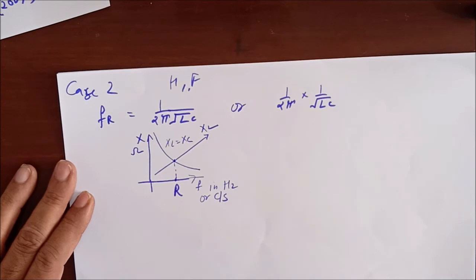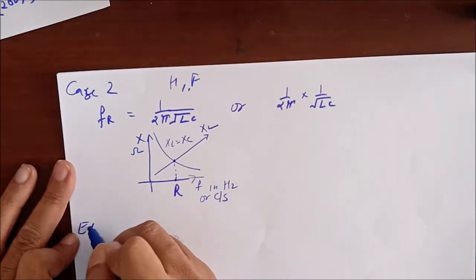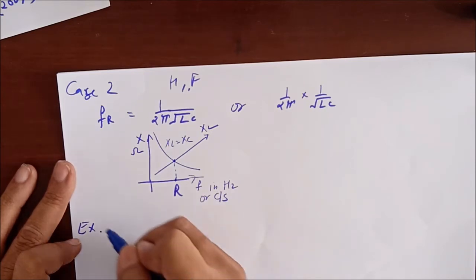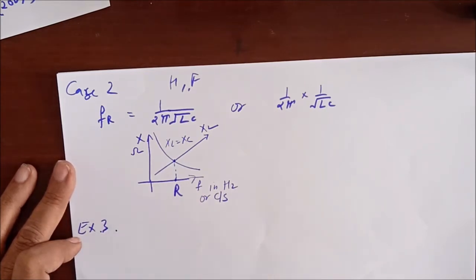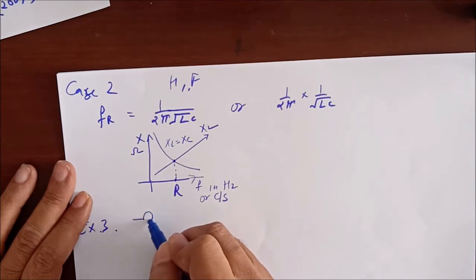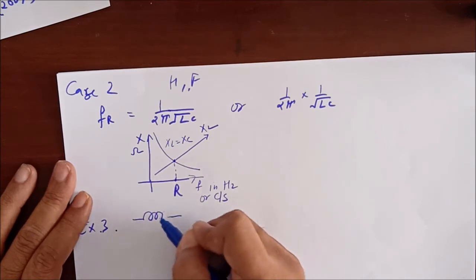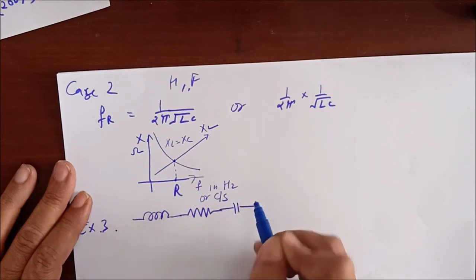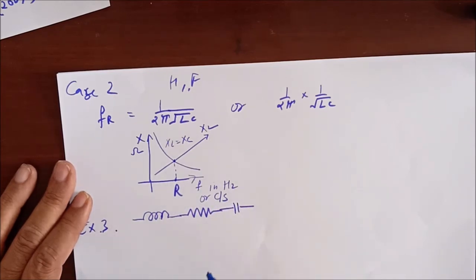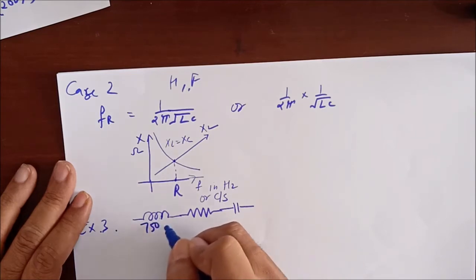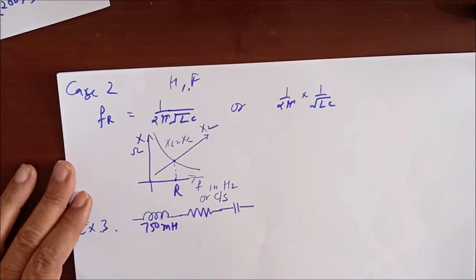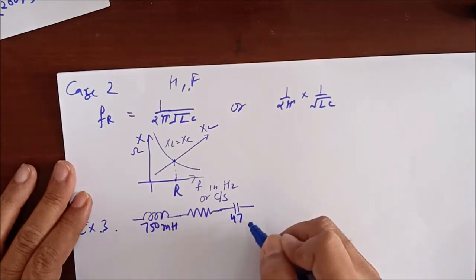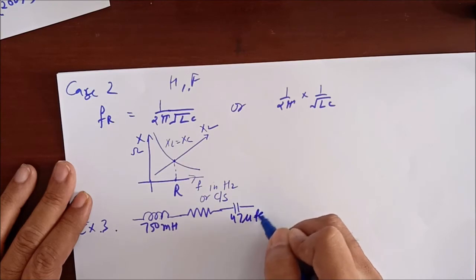Now coming to the numericals. I think 2 examples are already given. This is example 3 now. I have a series L, R and C circuit. Here L is 750 millihenry and C is 47 microfarad.